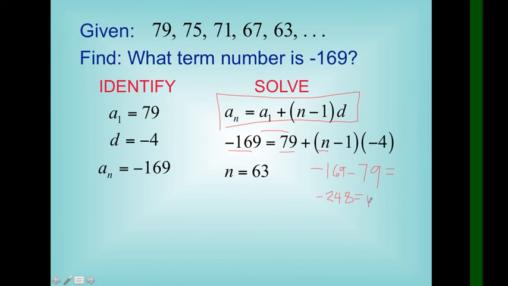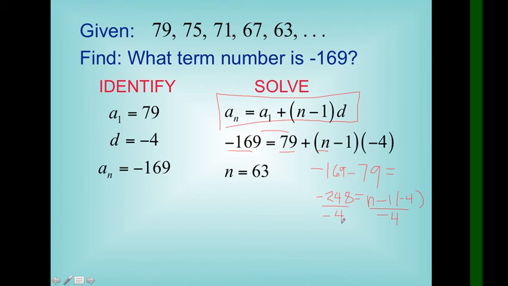That's what is left: n minus 1. Then, we still have negative 4, quantity negative 4. So, what will we do next? We need to remove negative 4 from there. So, we divide both sides by negative 4.